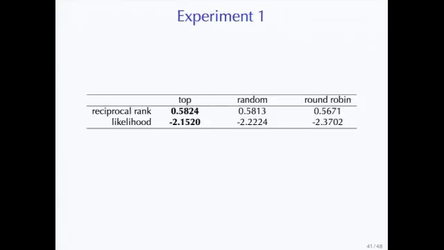My claim, and I think I'm wrong, is that you will have fewer items in experiment 1. So the lower bound on reciprocal rank is actually lower, or it's higher, right? Yeah.